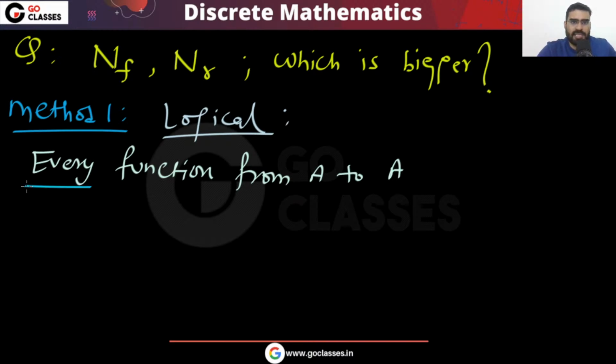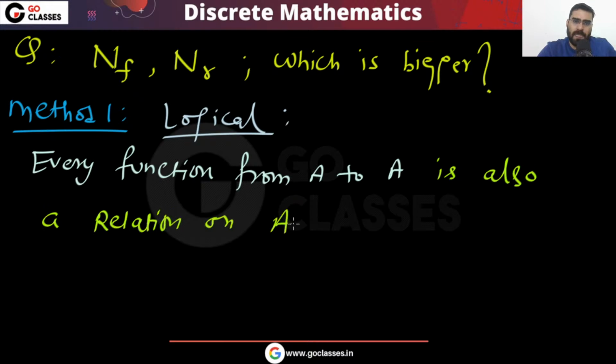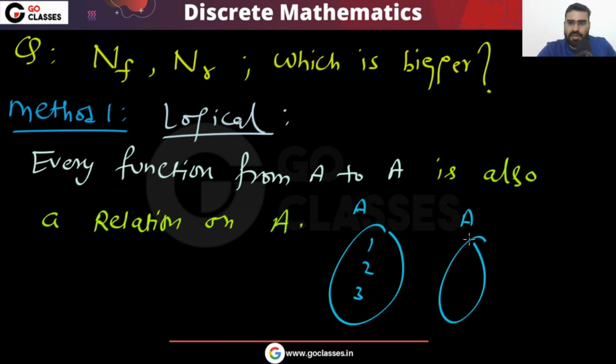Whatever function you take, every function from A to A is also a relation on A. For example, if this is your set A, 1 2 3, now whatever function you take, for example, let me take this function.